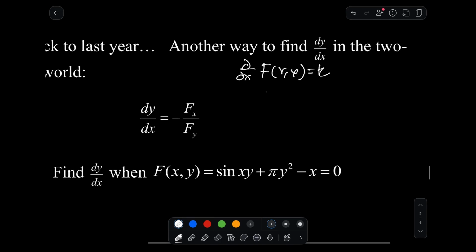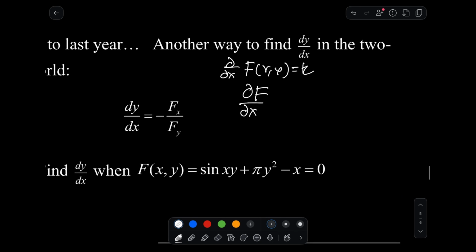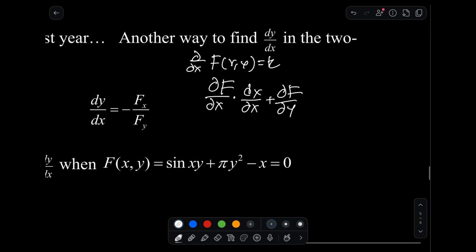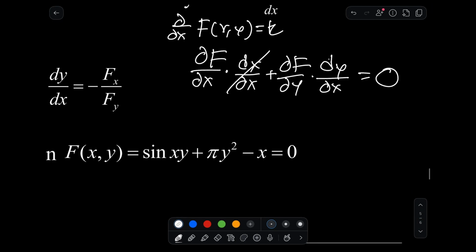You're going to get del f del x, and you're going to apply the chain rule here, del f del x times dx dx plus del f del y times dy dx equals 0, because k is a constant. This goes to 1.